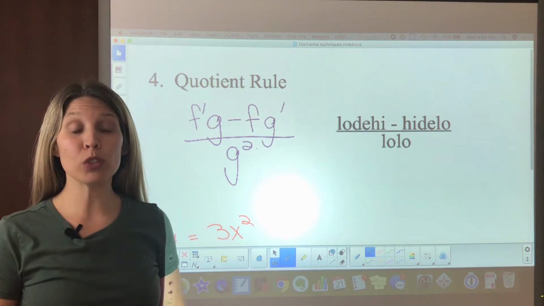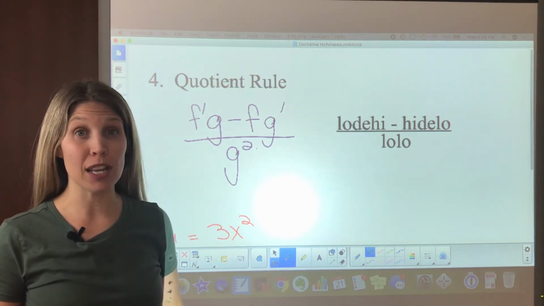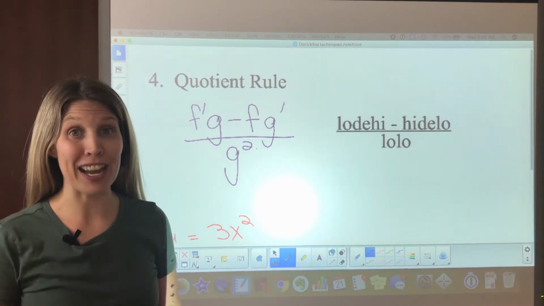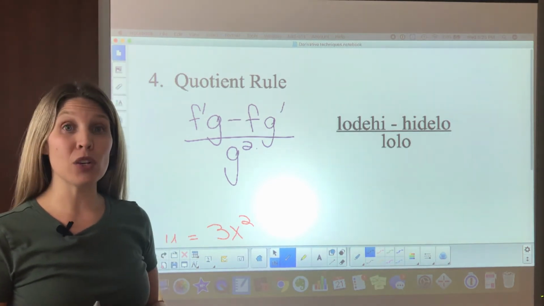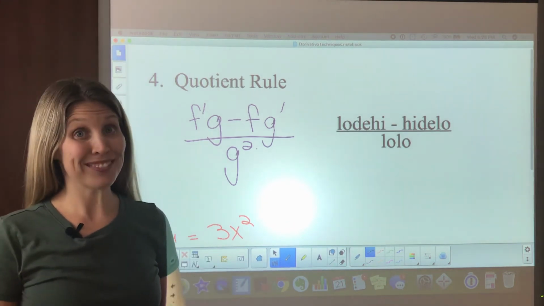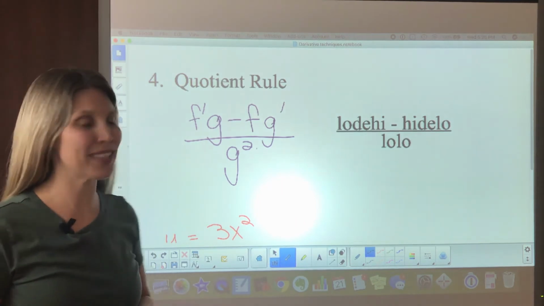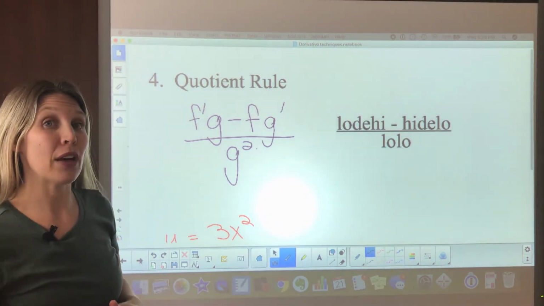I have one more rule to share with you. It's the quotient rule. This is when you have a function that is a fraction. So we're going to use low d high minus high d low all over low low. And you're like, she's nuts. But trust me, it works. Let me show you how this works.